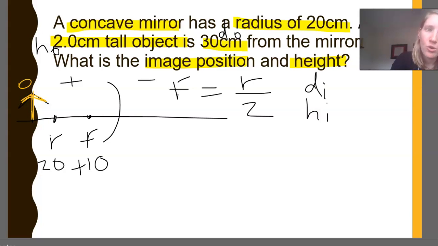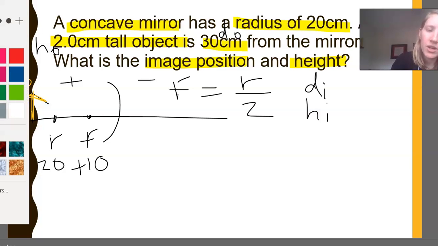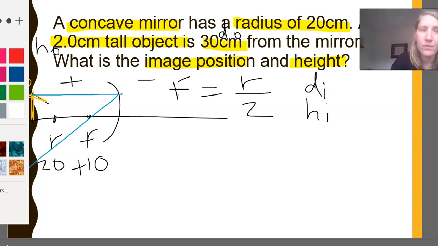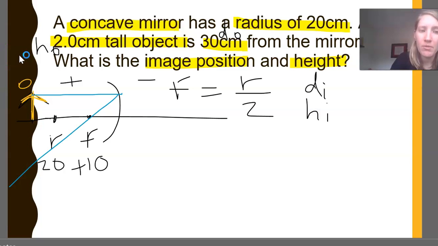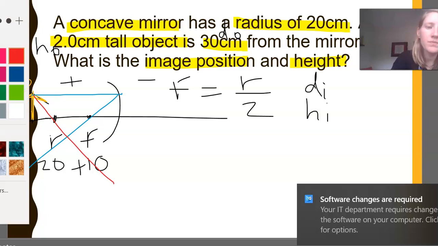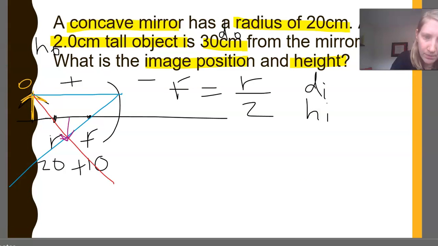Okay, so let us draw our ray diagrams. Top of the object straight to the mirror through F, change colors, top of the object straight through C, or our radius, and your new image, I'll do purple, should form right there.